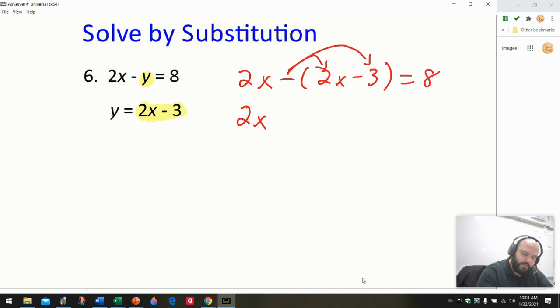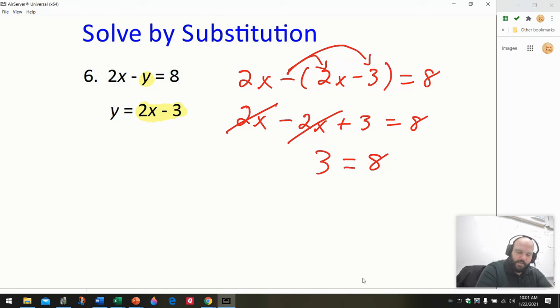So we have 2x minus 2x plus 3 equals 8. And you can see this 2x and this negative 2x are going to cancel, and we're just left with 3 equals 8. So this one is actually a false statement. And when you get a false statement, that means there is no solution.